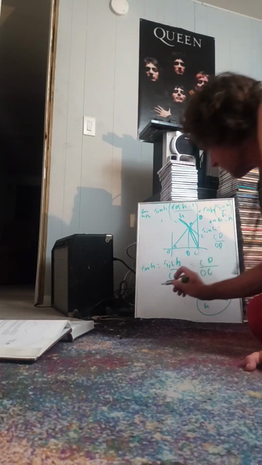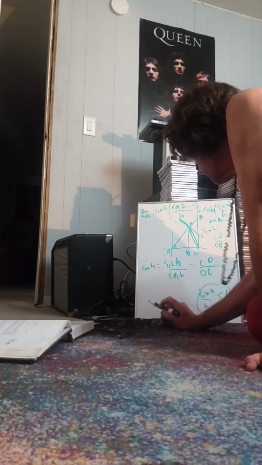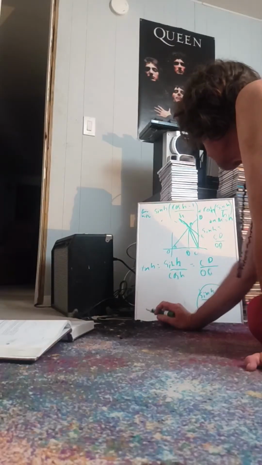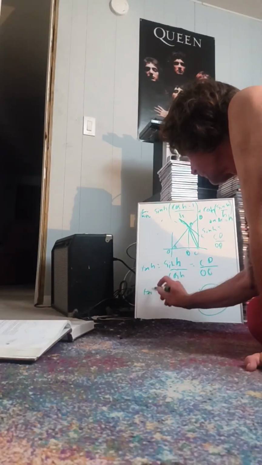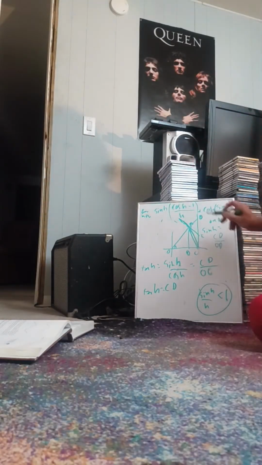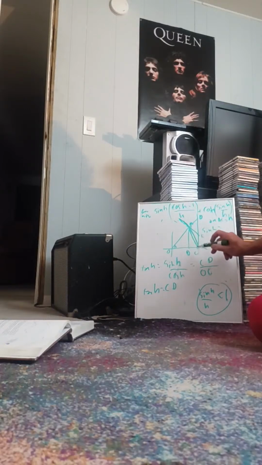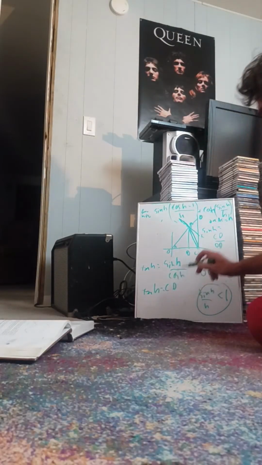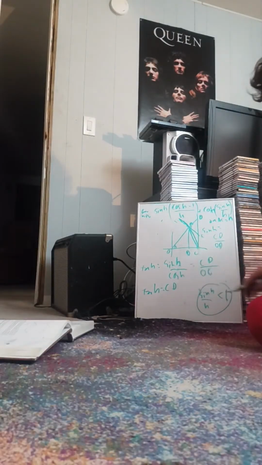So that means that tangent h equals CD. It's just that length, because that length divided by this is the y over the x, and since the x in this case is 1, because OC is equal to OA, you have tangent h equals CD. All right.